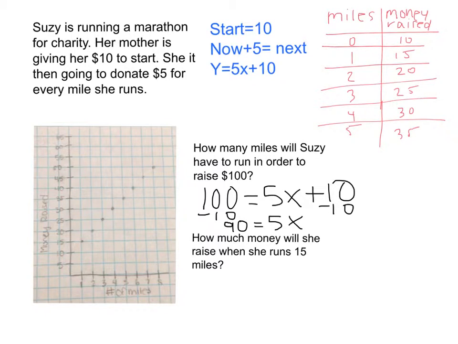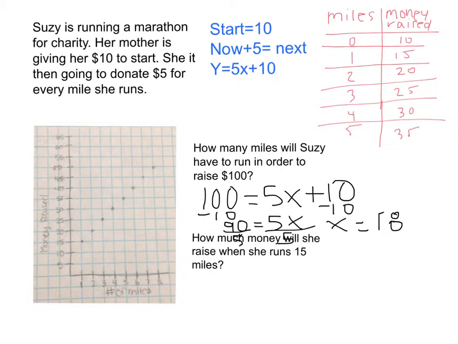And then you divide by 5 on each side. Then x equals 18. And that's how many miles she has to run.